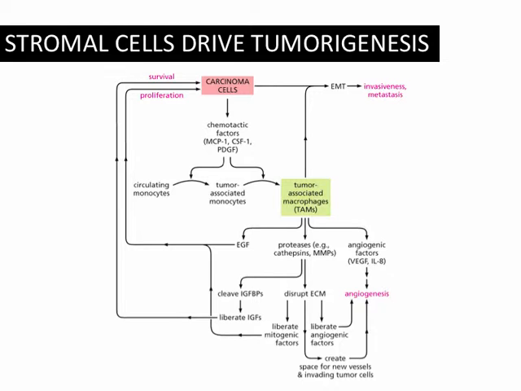So carcinoma cells, let's worry about those to start with. They release a lot of factors which attract other cell types from the vasculature. Okay, so those are called chemotactic factors. They're things like scatter factor, which here is called CSF1. PDGF, like we've seen already, is chemoattractive. So that will attract circulating monocytes to becoming tumor-associated monocytes, which then differentiate into macrophages.